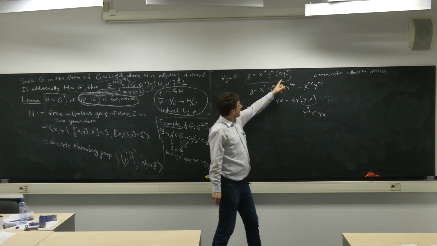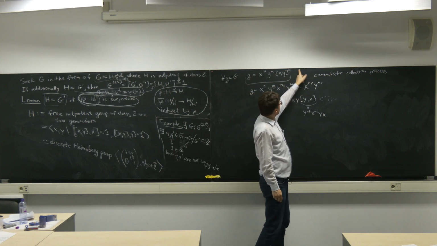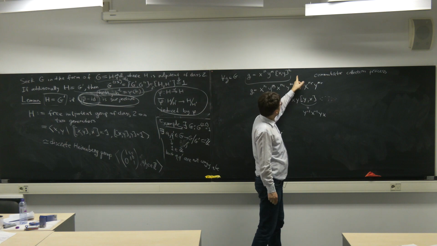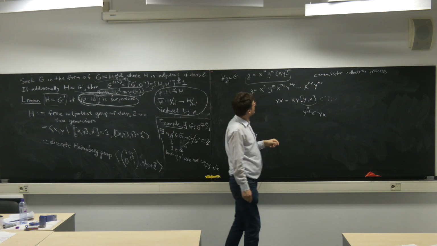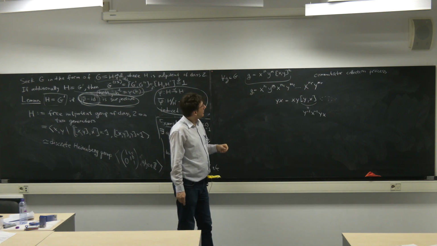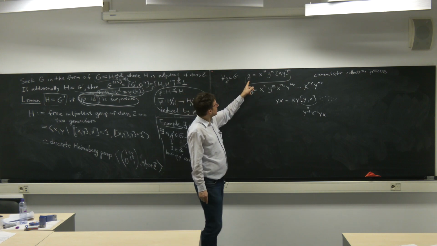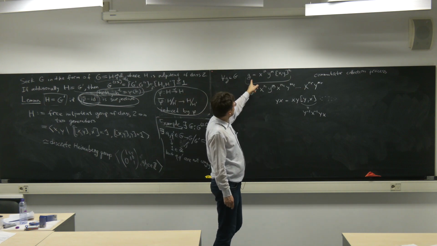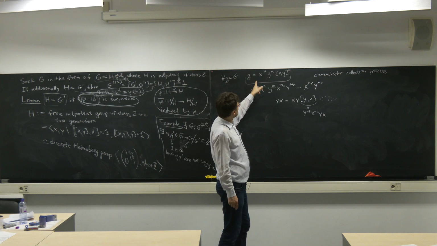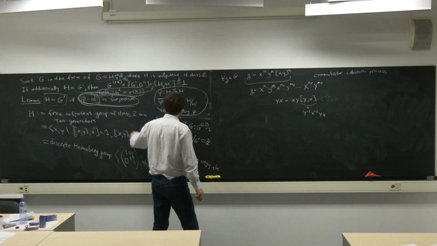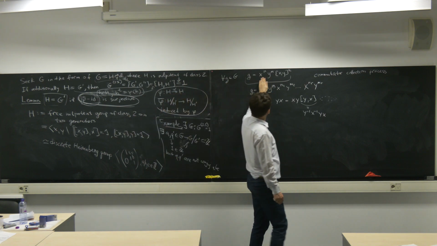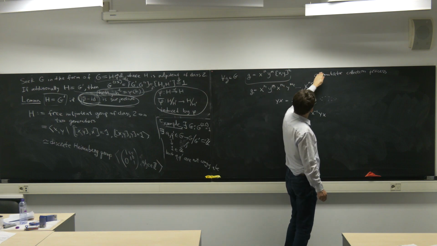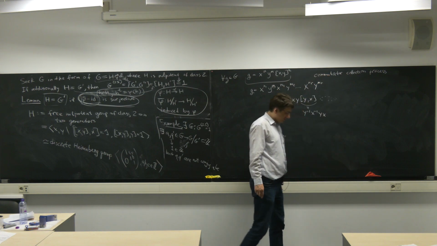There is a finite collection of basic commutators, so there is some normal form theorem for nilpotent groups, which start like this, and then there are some other basic commutators.